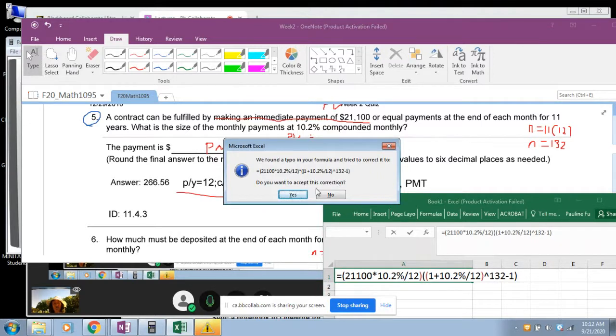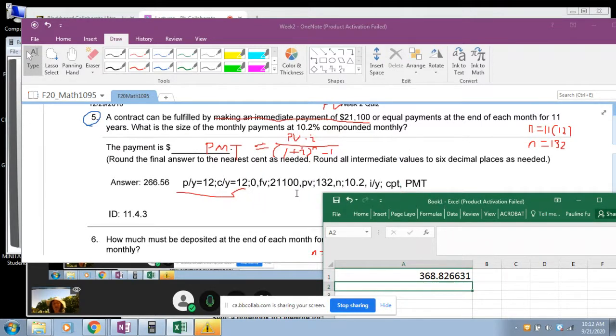Okay, so I press enter key. Oops. I get not the same number, so you will double check. 21,100, 10.2 compounded monthly. I missed one bracket here, the last one. Not here. Here.